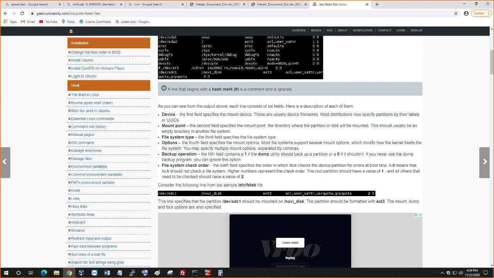The sixth field specifies the order in which the file system checks the device partition for errors at boot time. 0 means that fsck should not check the file system. A higher number represents the check order. The root file system should have a value of 1, and all others should have a value of 2.